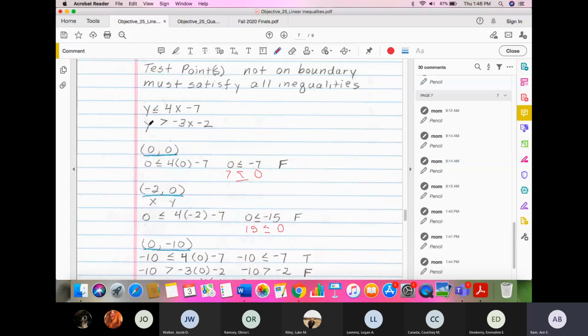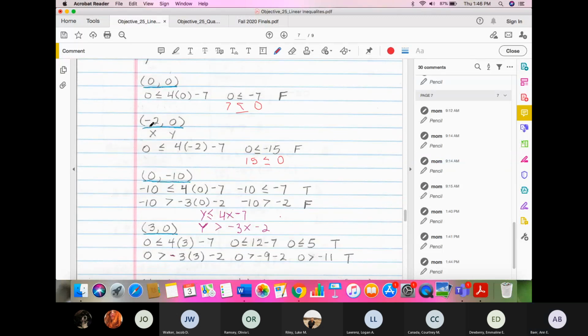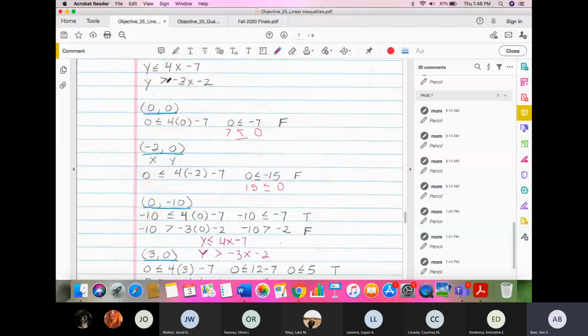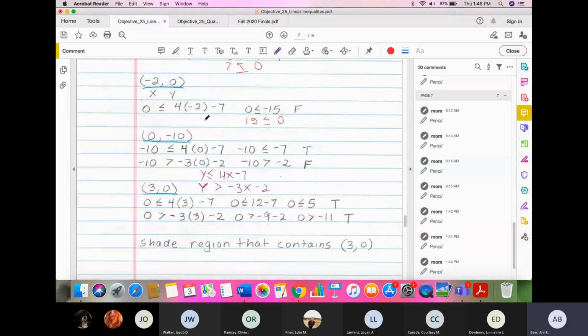So our second inequality is y. Y is -10. It's greater than, in this inequality, -3x minus 2. -3, our x for this particular test point is 3. And then we have a -2 tacked in.